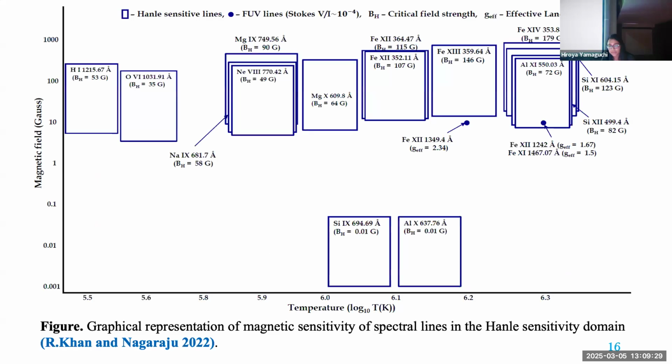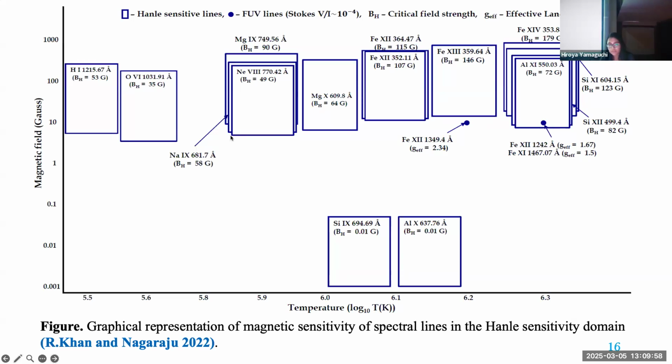Based on these three criteria, we were able to select a handful of lines, which are shown in this representative way. In this representation, the width of each rectangular box along the x-axis represents the approximate range of line formation temperature of that particular line, and along the y-axis, the width represents the Hanle sensitivity domain.